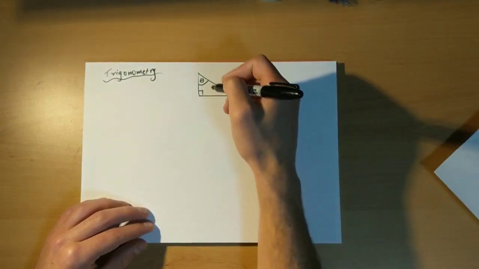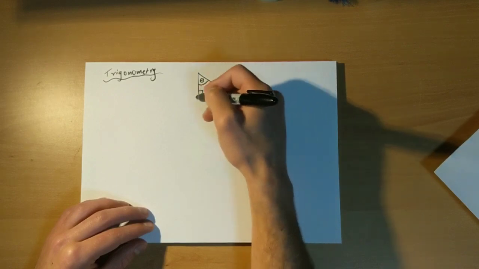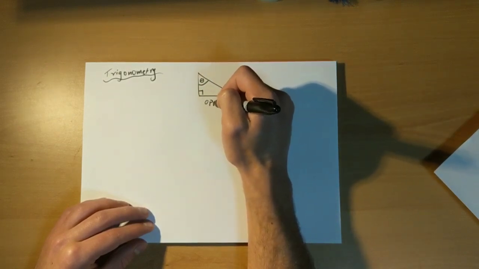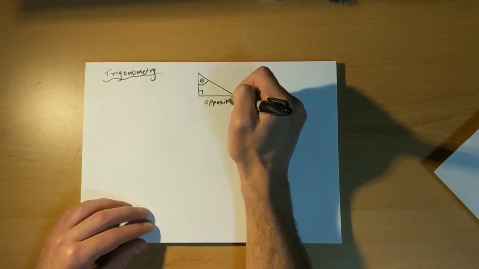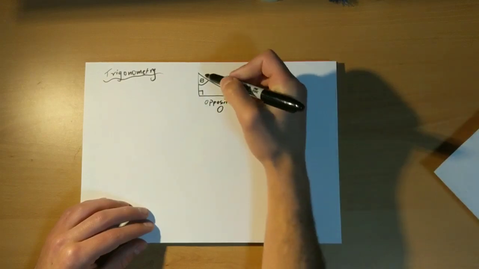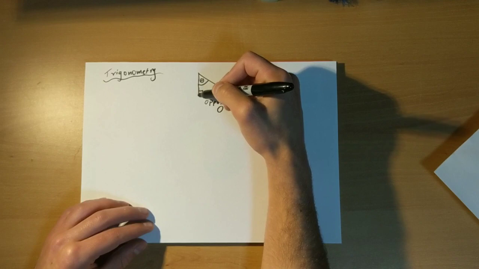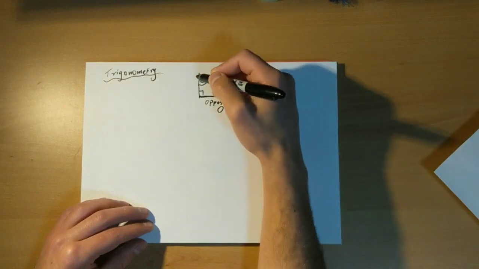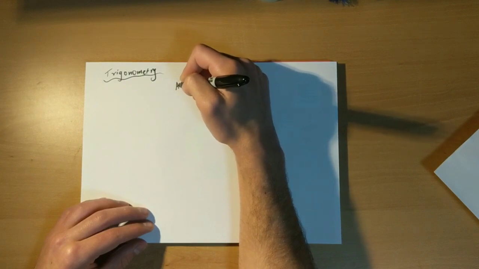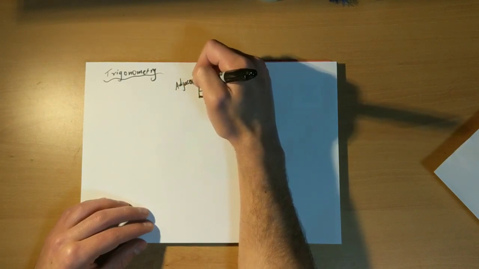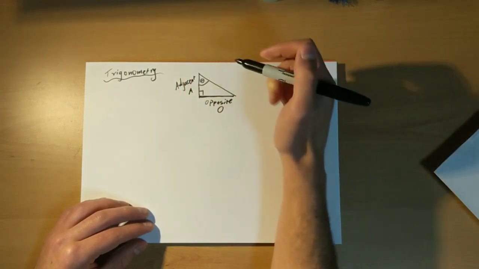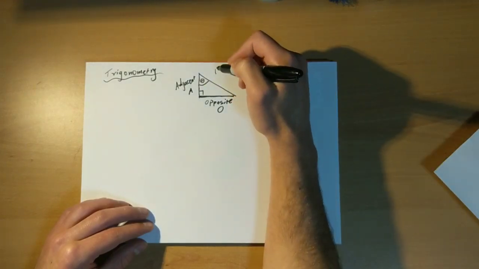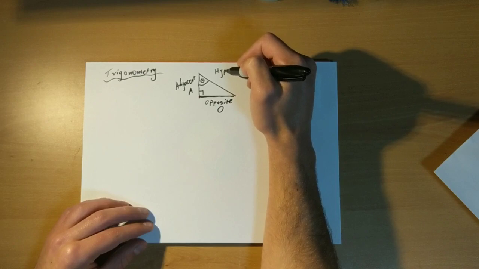So this side length here is the side that is opposite my angle, so I call it the opposite side, or O for short. This side here is the side that is next to or adjacent to my angle theta, so I'm going to call it the adjacent side, or A for short. And then this side here, the side that's opposite the right angle, is always the hypotenuse, or H for short.